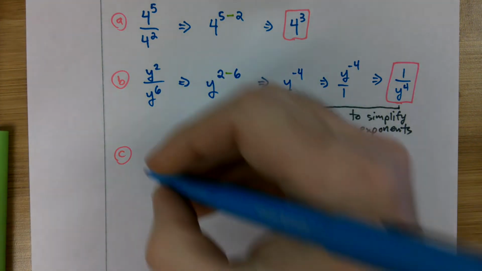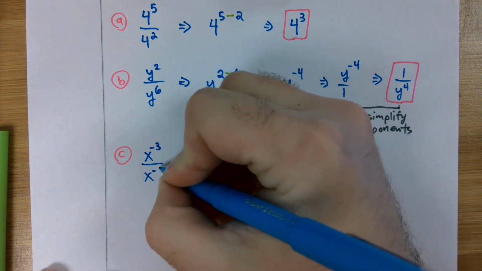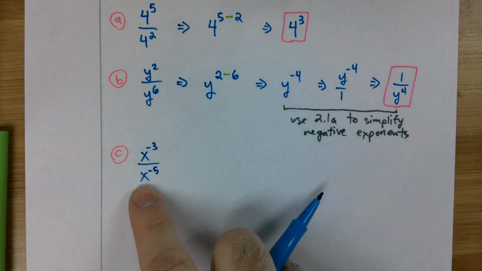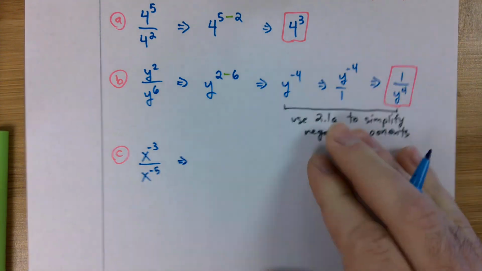Example C, if we've got x to the negative 3 over x to the negative 5. Again, we're just going to subtract downwards.